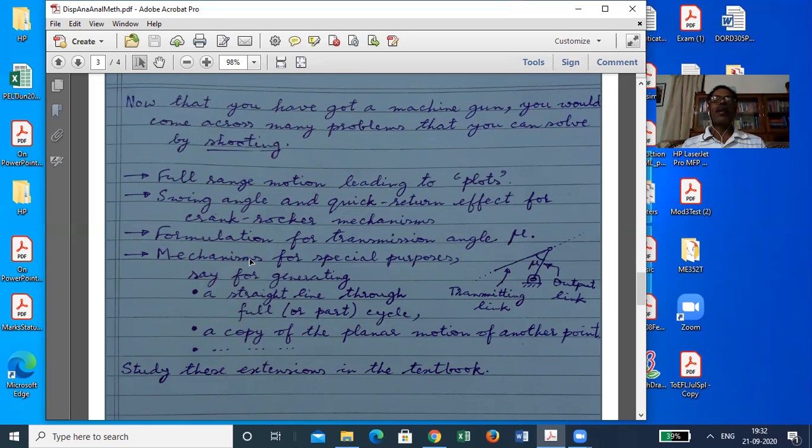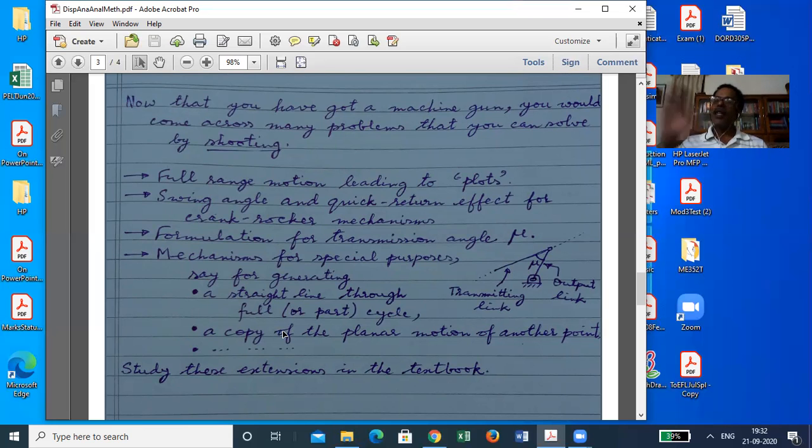Then you can talk of mechanisms for special purposes, say for generating a straight line through a full cycle or through part of the cycle, or one point of the mechanism executing whatever motion that we give, a 2D motion in the XY plane, and another point manages to execute a copy of that motion, perhaps a scaled and rotated copy.